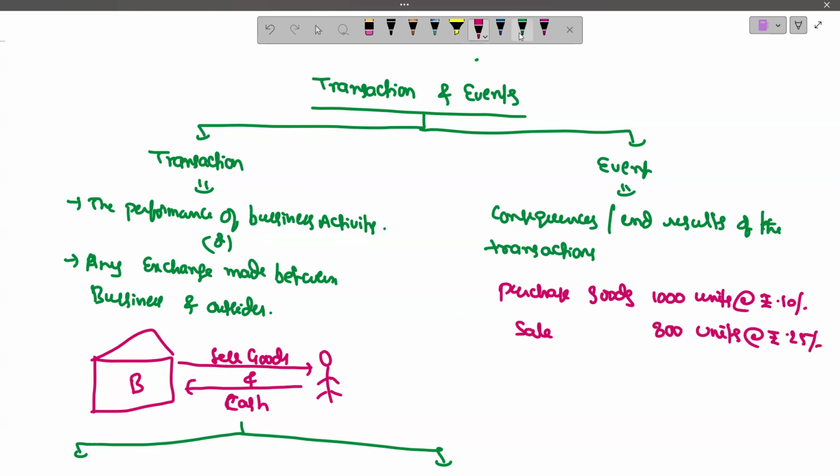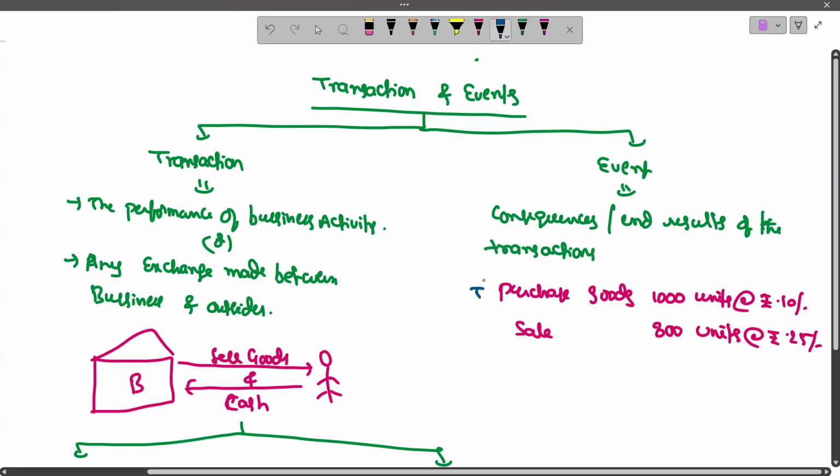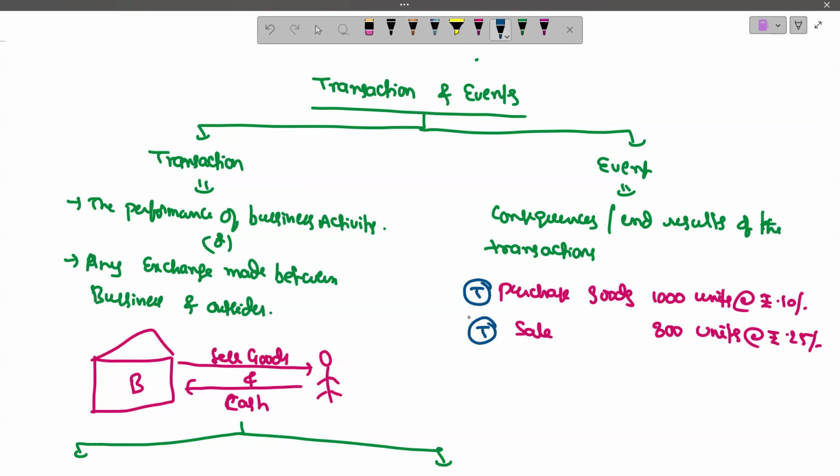There, the purchase of the goods is said to be a transaction, and sale of the goods is said to be a transaction because some exchange is made between business and outsider in terms of goods and cash. Out of the 1,000 goods we purchased, we sold only 800. It means the remaining 200 units are nothing but stock in hand at the end of the year. It is created because of the above two transactions. So it is called what?